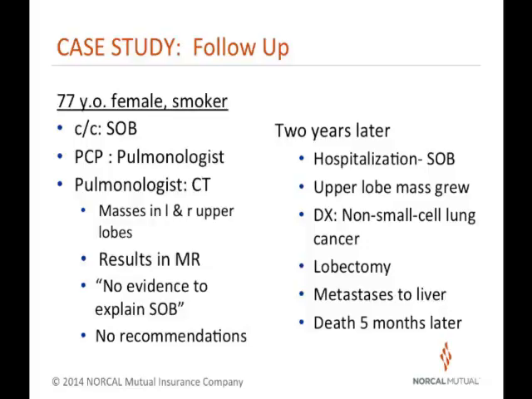The results were put in the medical record and it was documented there was no evidence to explain shortness of breath, with no recommendations or any follow-up with that patient. Two years later, the patient was hospitalized for shortness of breath. The upper lobe mass had grown, and the diagnosis was non-small cell lung cancer. There was a lobectomy, and there was metastasis to the liver, and the patient died 5 months later.